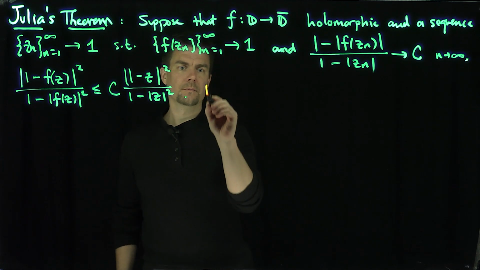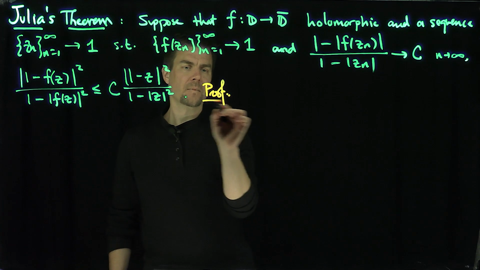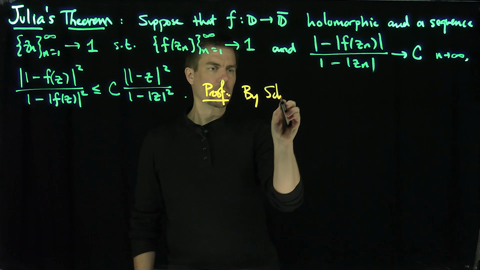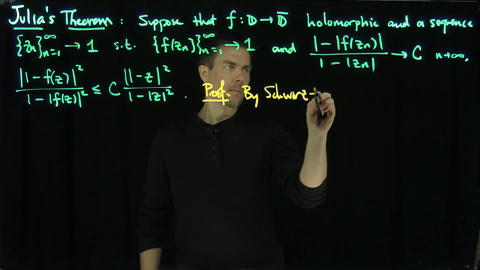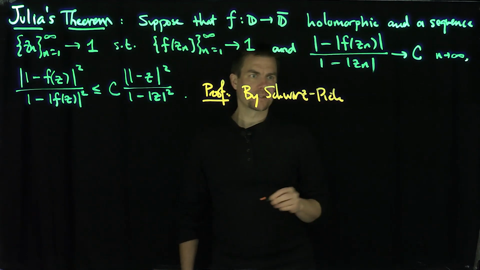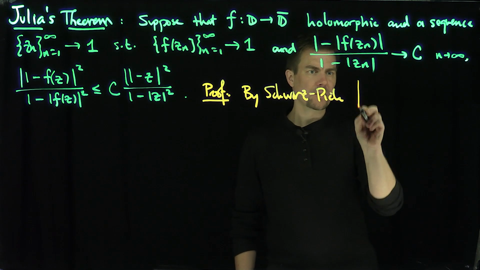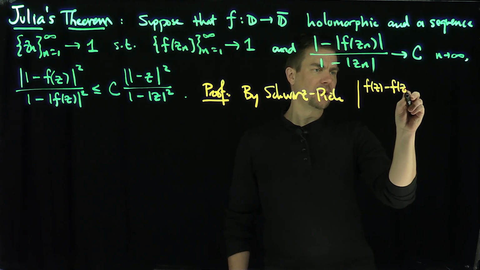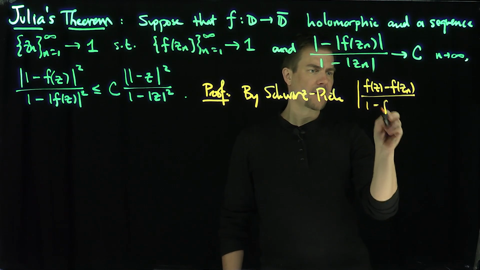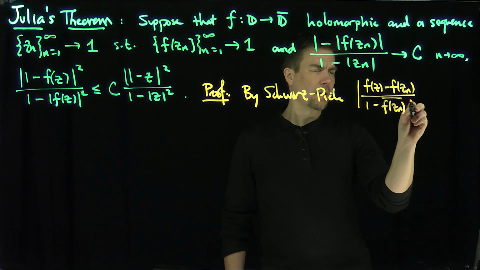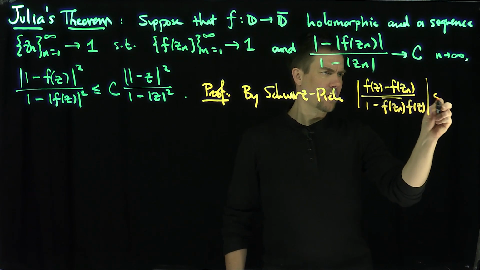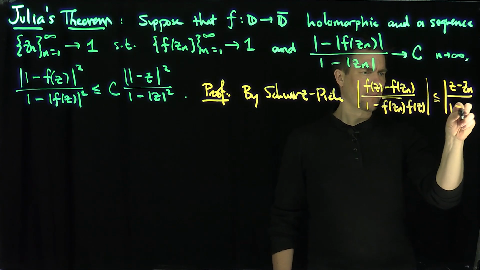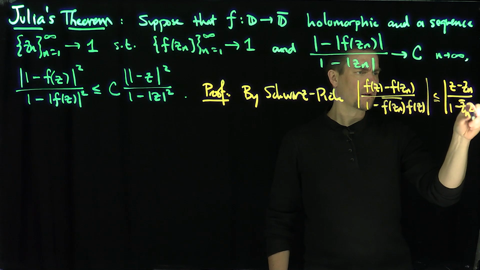By Schwarz-Pick, what can I say? We have f of z minus f of zn over 1 minus f of zn bar f of z is less than or equal to z minus zn over 1 minus zn bar z.